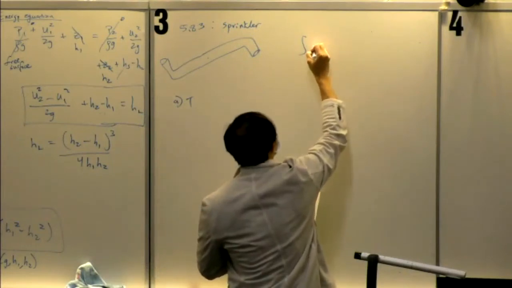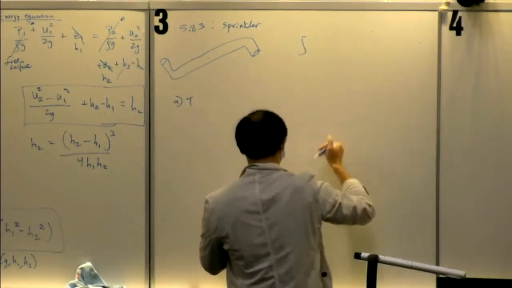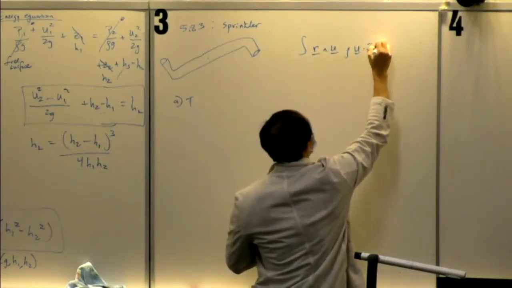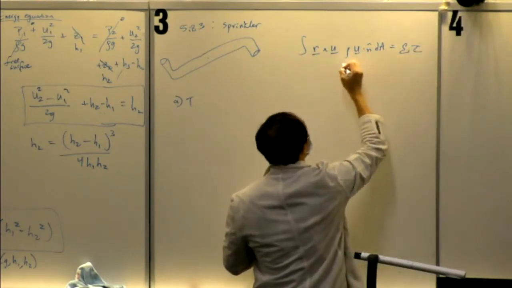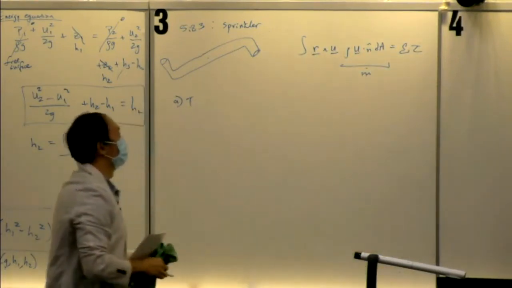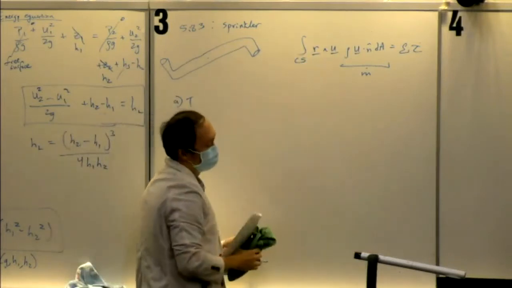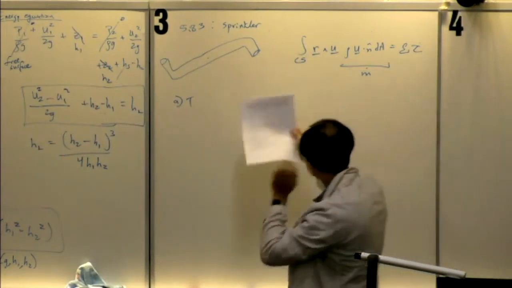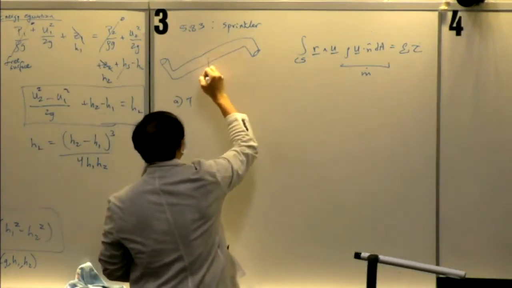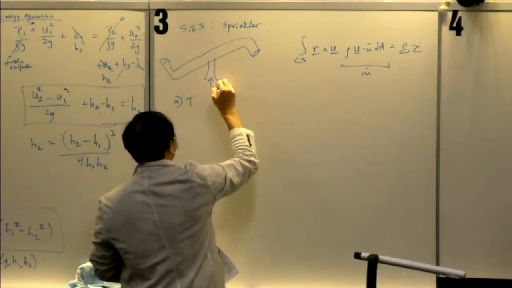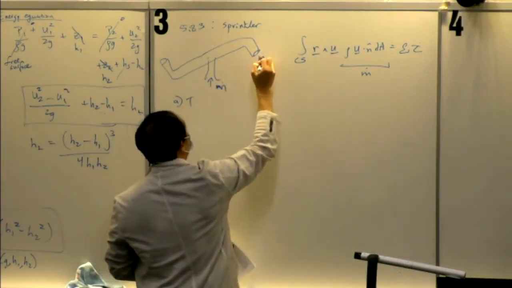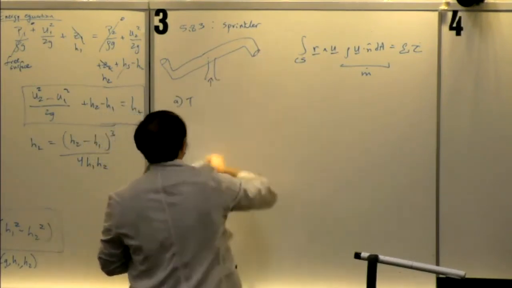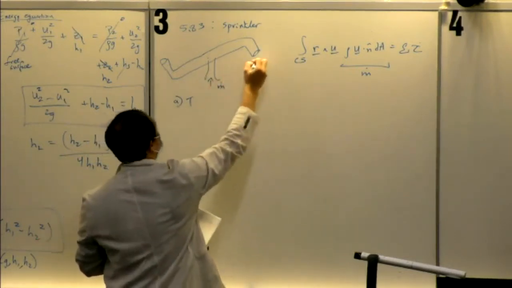And for this one, you need to use R cross U for the sum of the torques, where this is M dot, over the entire control surface. So if there are two heads, and you have an M dot here, this is going to be M dot over 2, etc. And you multiply by the number of heads.